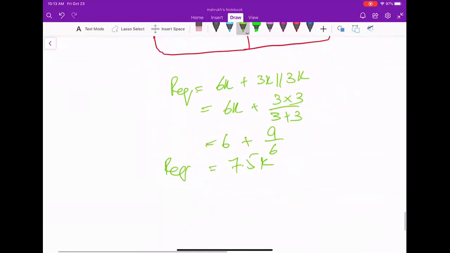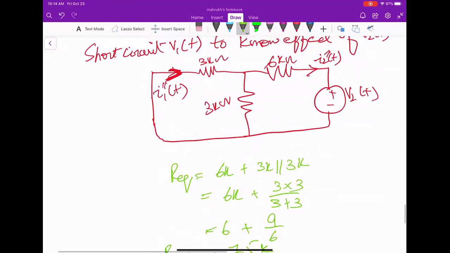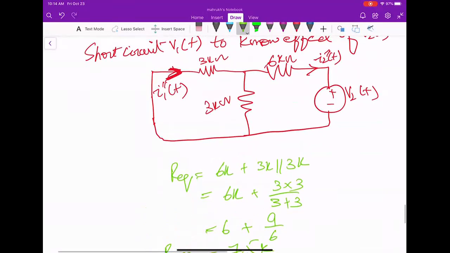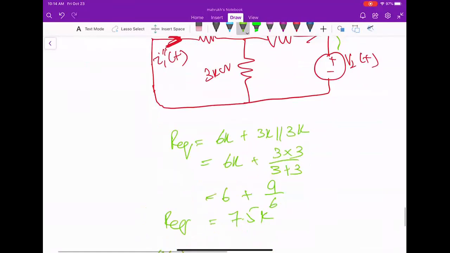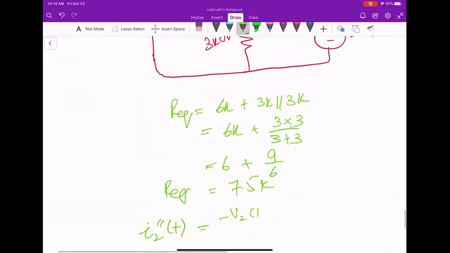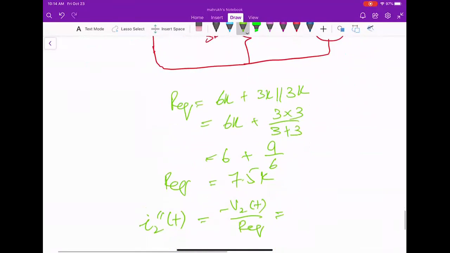So I2 dash of t will be equal to, because the current is in the opposite direction, minus V2 of t divided by R equivalent, which is minus V2 of t by 7.5K.